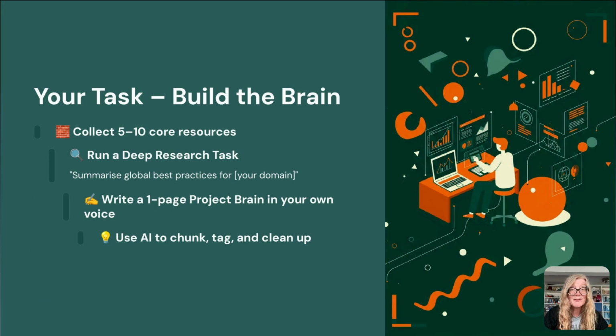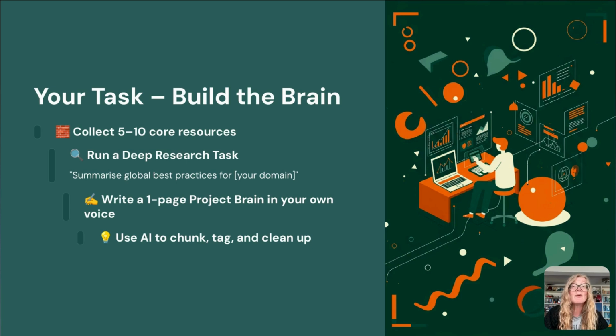So now it's your turn. Start by collecting, say, 5 to 10 of the most useful pieces of content in your chosen domain. That could be frameworks, guides, how-tos, and your own notes. A really good first step is to run a deep research task using ChatGPT or Gemini.